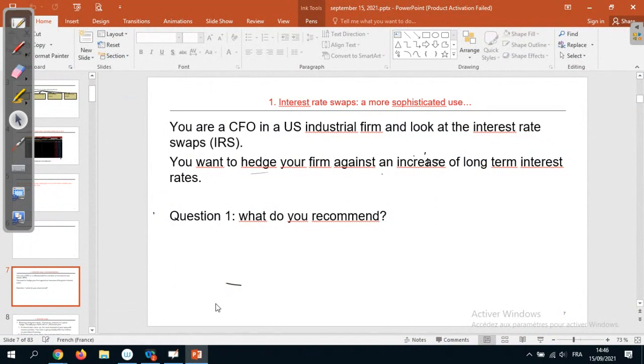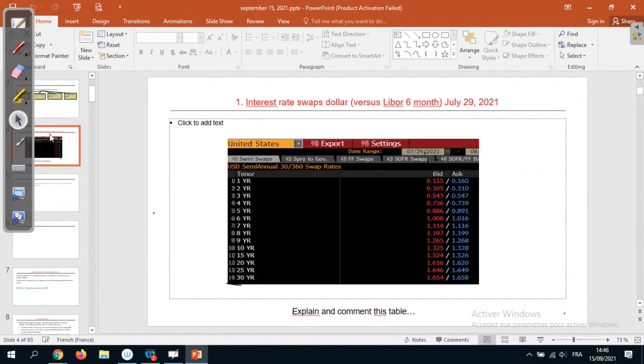Okay. So look at first the swap rates. The swap quotation on your Bloomberg screen, and you say, oh, the level of interest rates is very, very, very low. Okay, low.